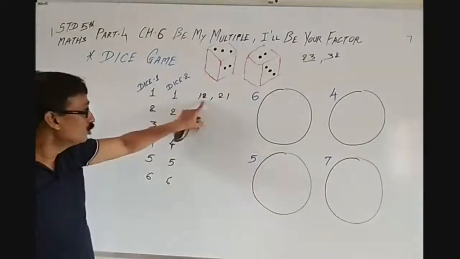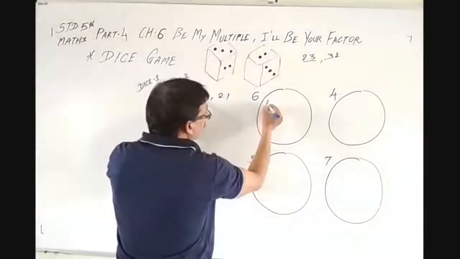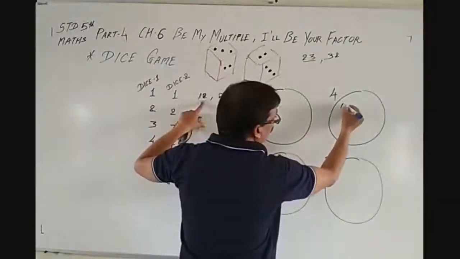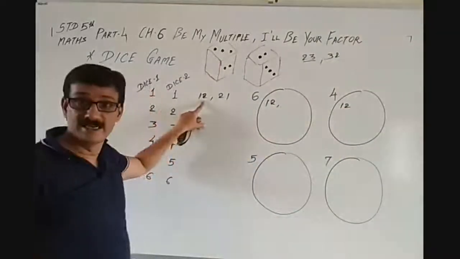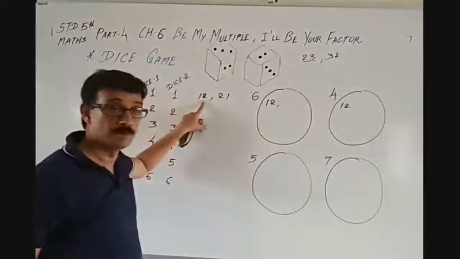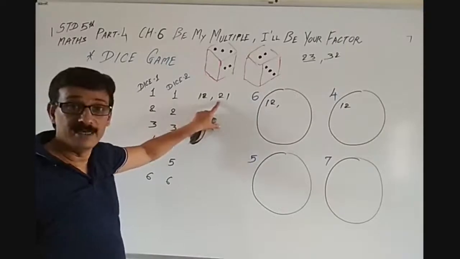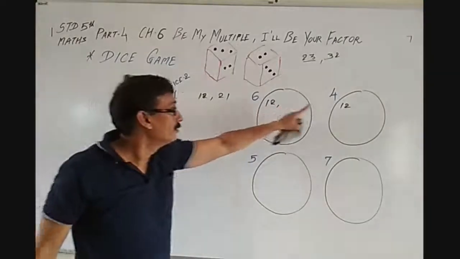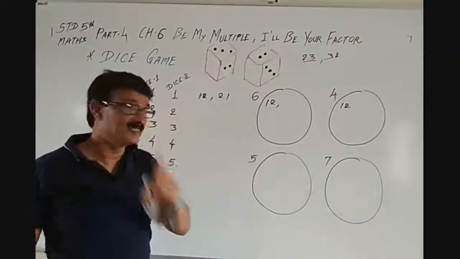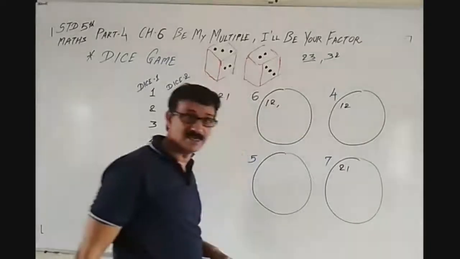Now, can you see 12? 12 is a multiple of 6. 12 is a multiple of 4. So I should write it in the circles of 6 and 4. And if it is 21, do you know 21 is a multiple of which number? Yes, it is 7. So I should write 21 over here, isn't it?